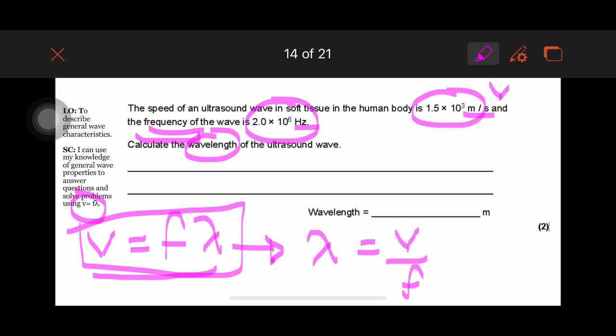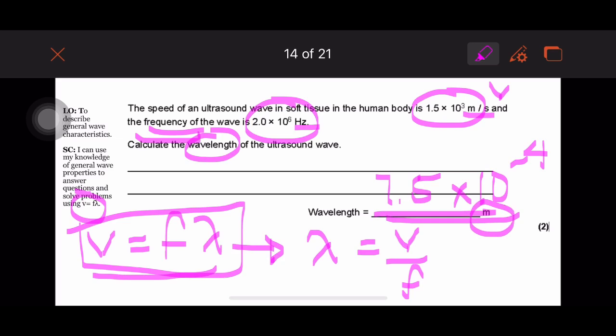So the wavelength is actually 7.5 × 10^-4 meters. Now I don't need to write the SI unit because it's given there.